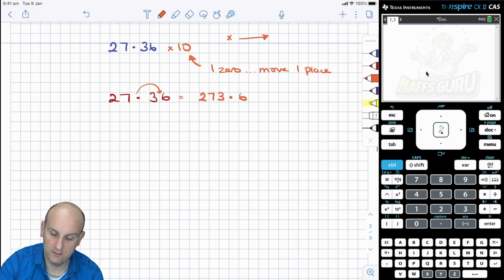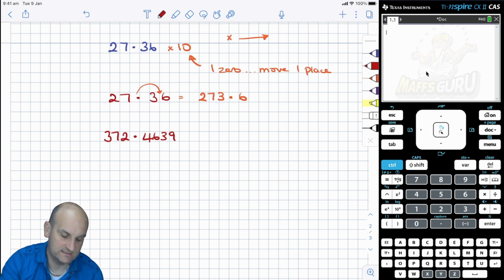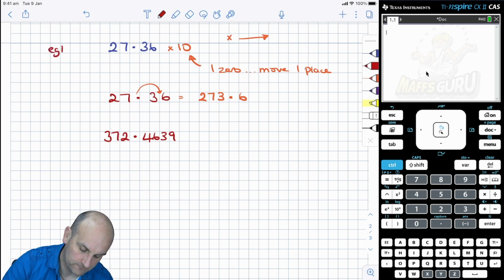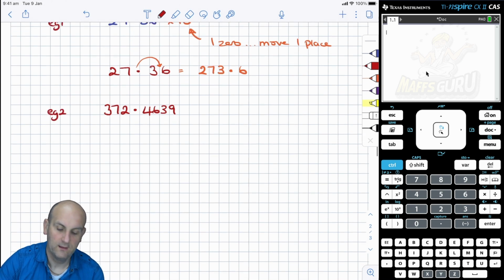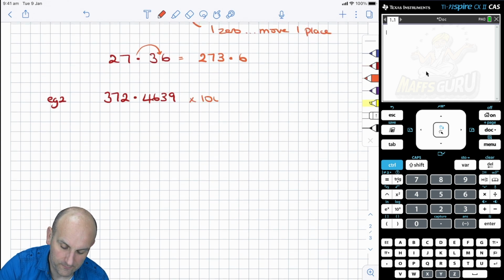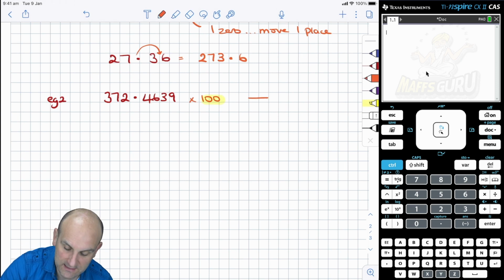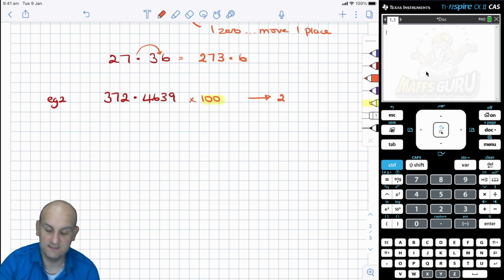All right, so another example, 372.4639. Making these up as I go along. What should we do? Let's times that by 100. Now, because we're timing it by 100, there are 2 zeros, so I'm going to move the decimal place 2 places to the right.